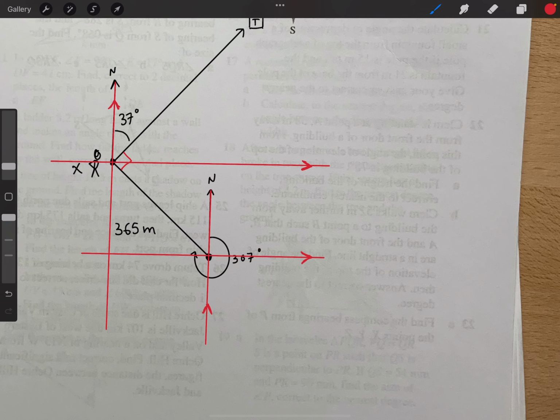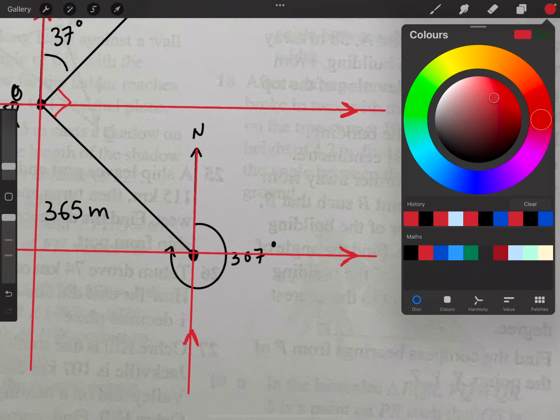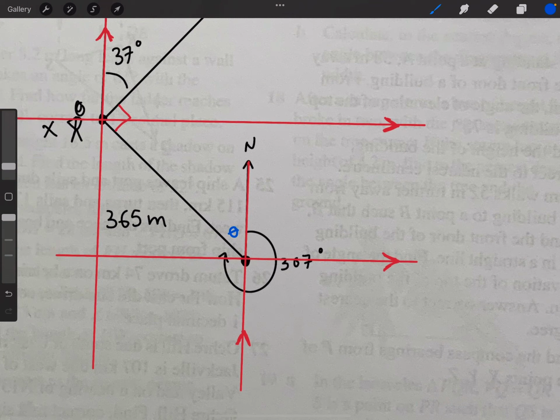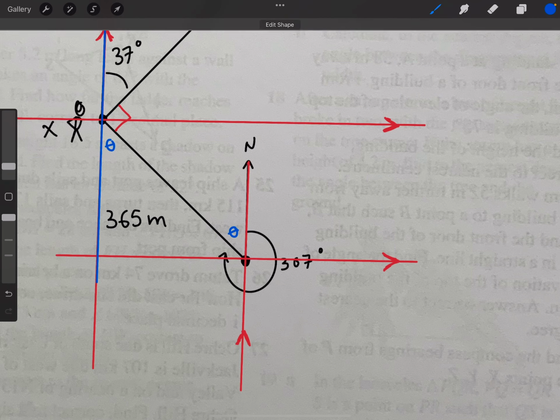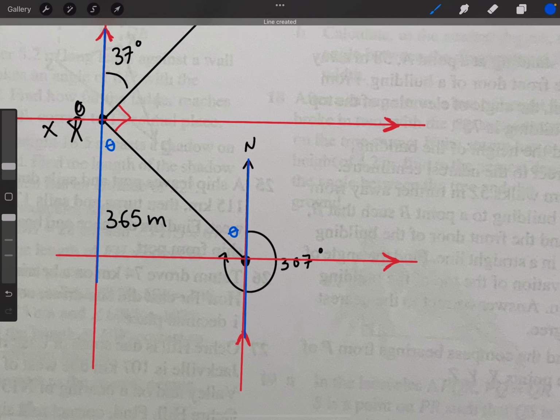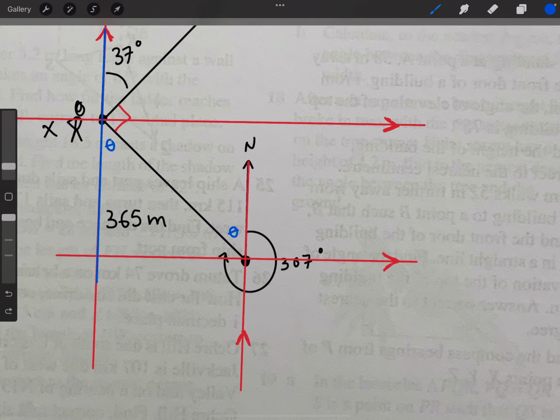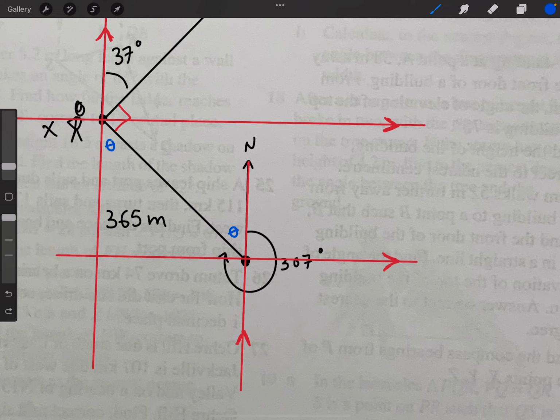I think it might help if I find this angle here. I'm going to color it in blue and call this angle theta. Now this angle theta is also equal to this angle theta. Again, the reason is because these lines are parallel, and those two angle thetas are alternate angles. So let's find angle theta first.